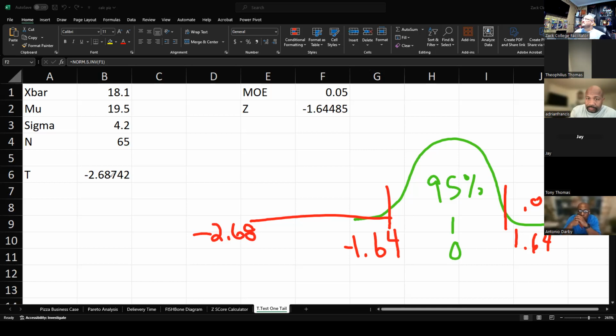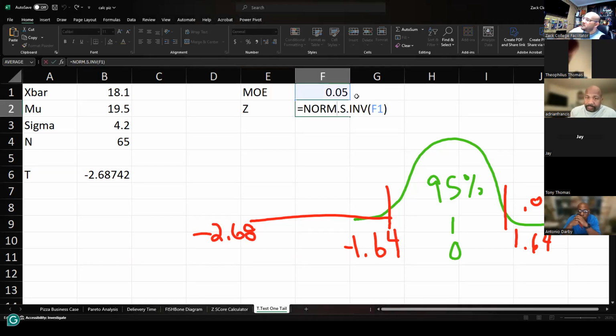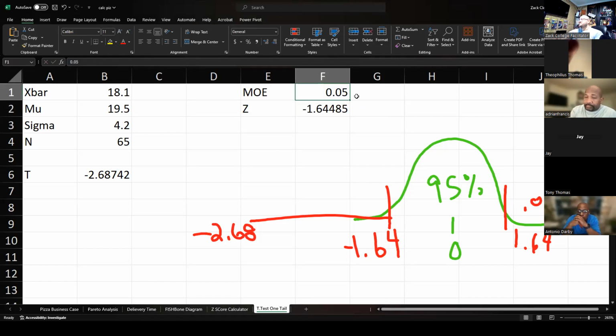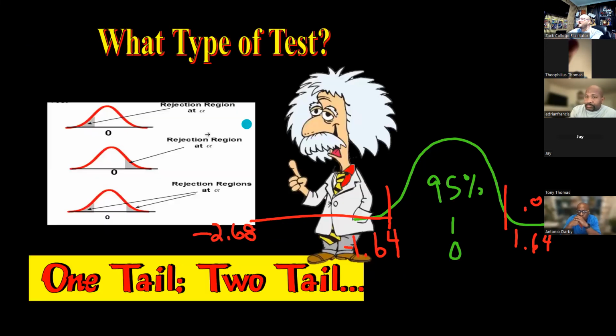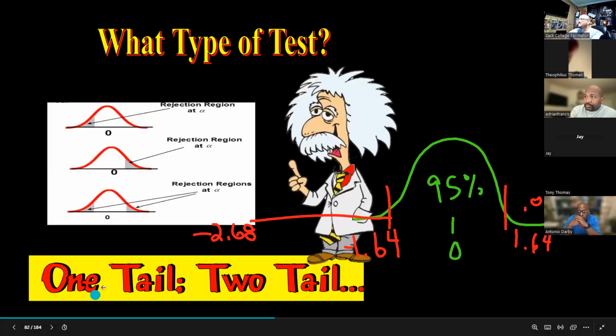Now, some key calculations that I don't want to skim over, and I want to make sure you guys have, is why did I use 5% here? Well, that was our margin of error. We were only looking at it from one test anyway, right? As we looked at the data here, we have a one-tailed test.